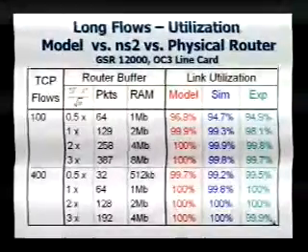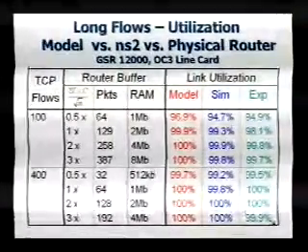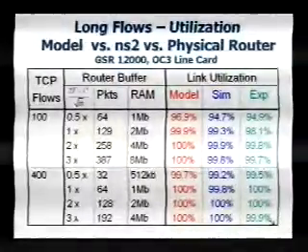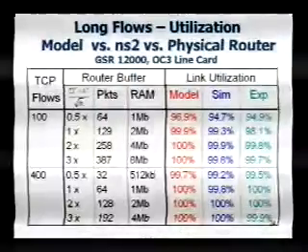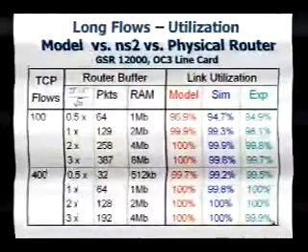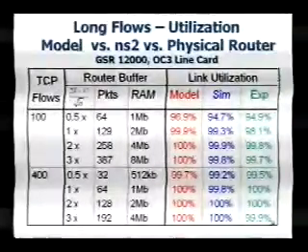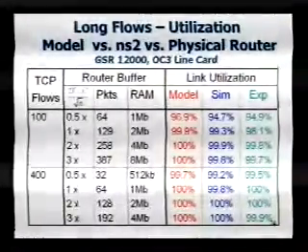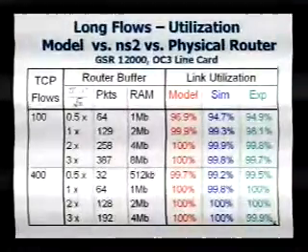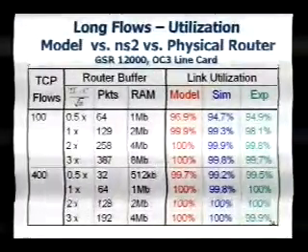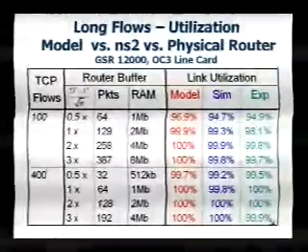A, that with 2T times C over square root of n size buffers, you can achieve very close to 100% utilization. If you have 400 flows, actually 100% utilization. The 99.9 in the experiment is probably a statistical error. It also shows that the model roughly predicts correctly at which point utilization will drop from 100% to something below 100%. So this formula of 2T times C over square root of n, in a laboratory experiment with traffic that we generated ourselves, does actually work.